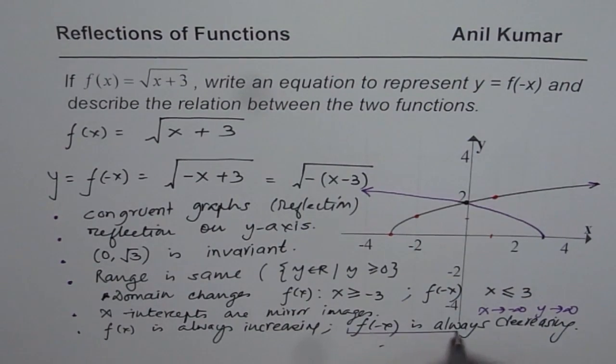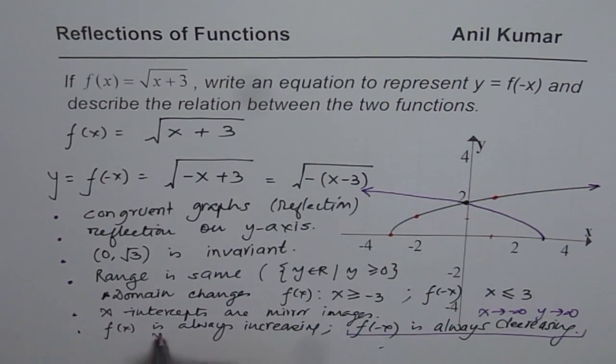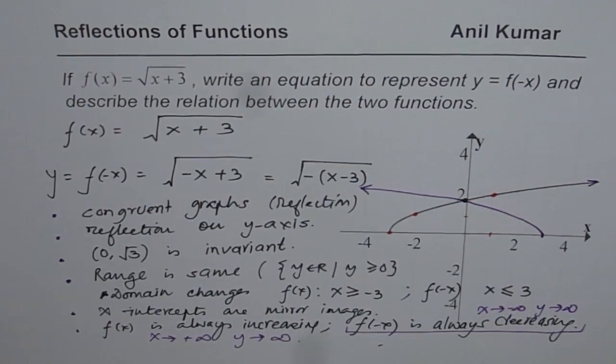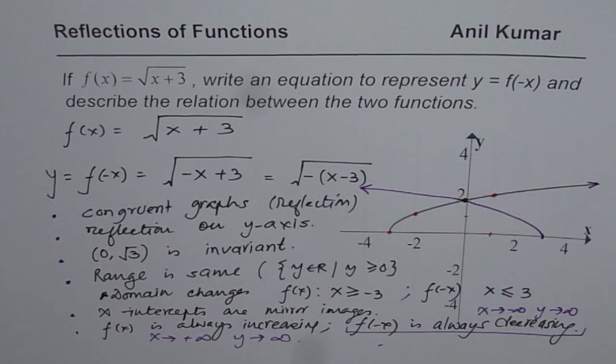This is for the reflected graph, and for the original one, when x approaches positive infinity, y approaches positive infinity, right? So these are some ways in which you can describe the two graphs and show them on a particular graph.